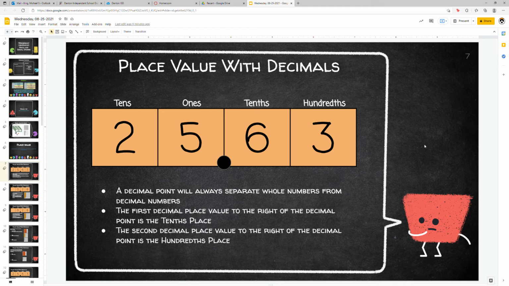Decimal numbers are parts of a whole number. That's why they are separated by that decimal point. They are smaller, they're pieces of one whole. So the first decimal place to the right of the decimal point is the tenths place, where that 6 is. The second decimal place after the decimal point is the hundredths place, where that 3 is located.